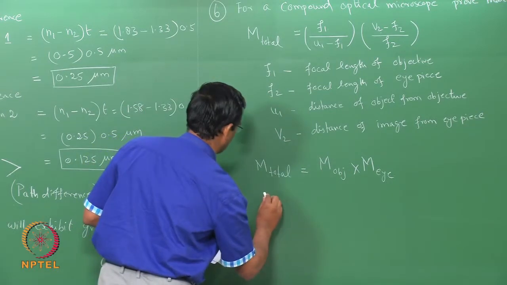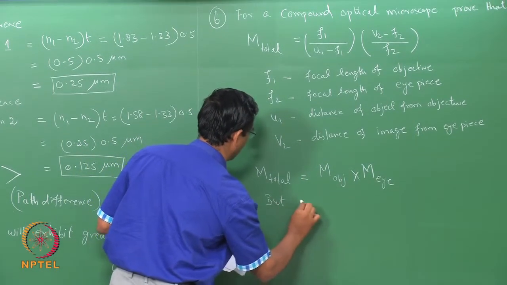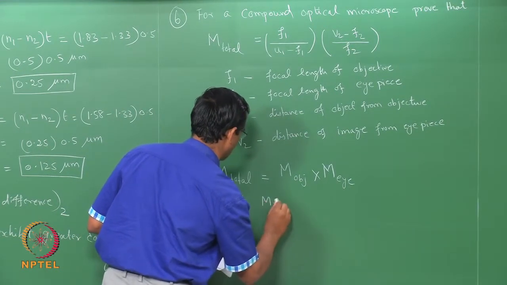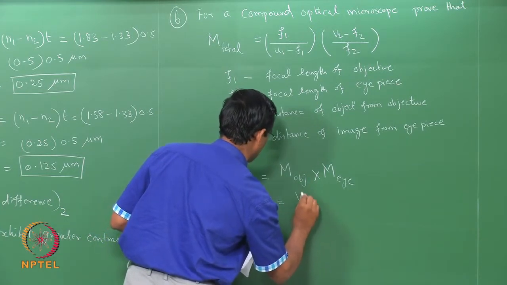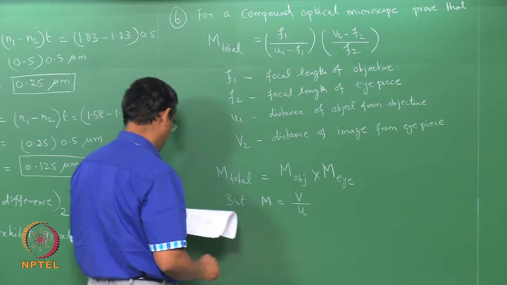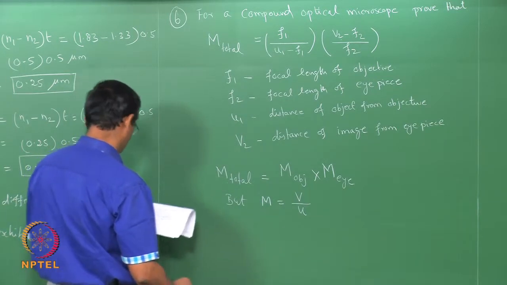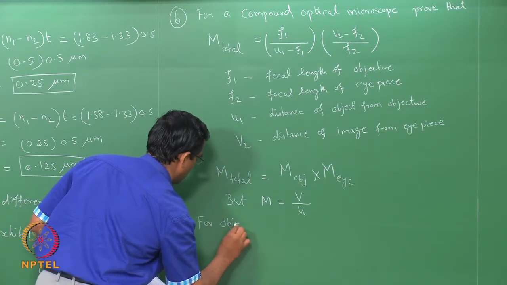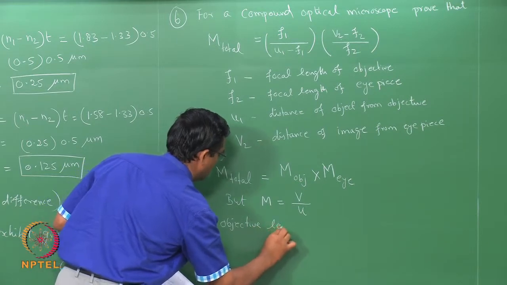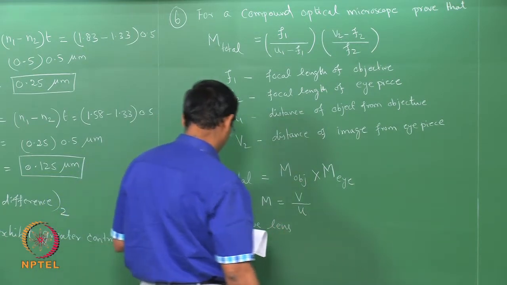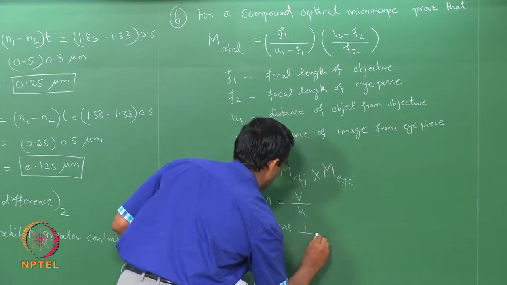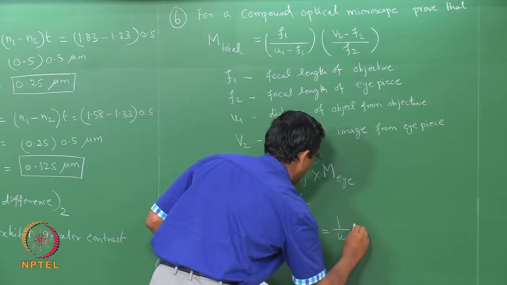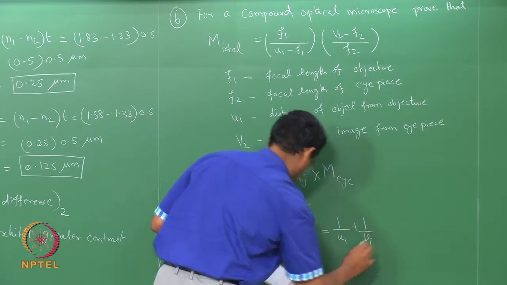We also know that from the ray diagram we can write magnification as V by U. For the objective lens, we can write 1 by F1 equal to 1 by U1 plus 1 by V1.